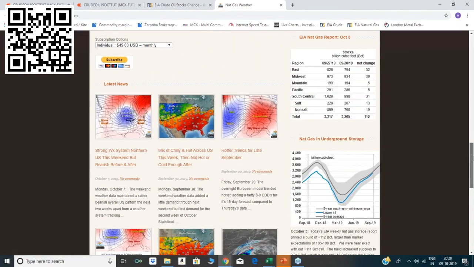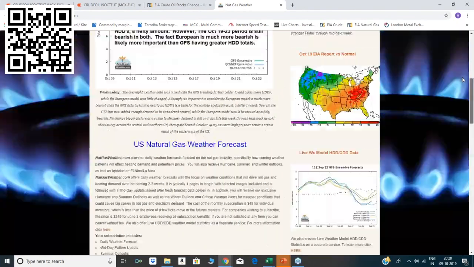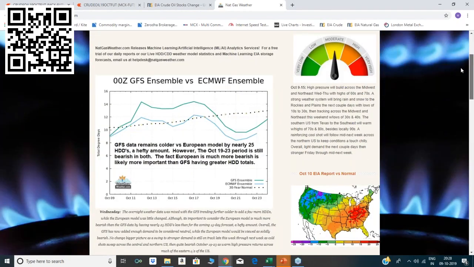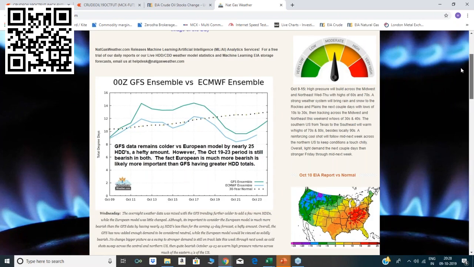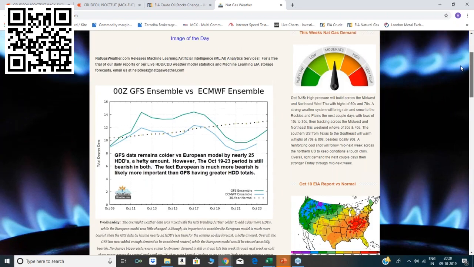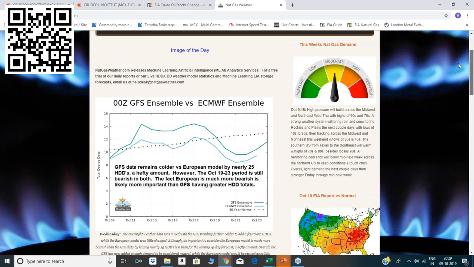If technically, whether it is the candlestick pattern or the dynamic support and resistance zone, or whatever technicals we follow, gives us a bullish reversal, and along with that, fundamentally we also know that the weather is colder than expected, then we can go with a buy with conviction.